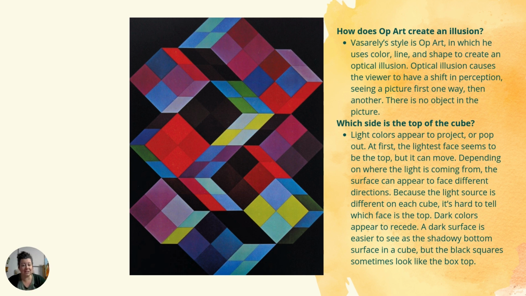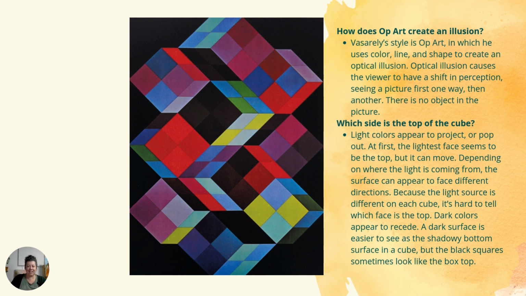Those dark colors, and this is a great rule for our art itself, dark colors can actually appear to recede. Okay, so a dark surface is easier to see as the shadowy bottom of a surface of the cube. But the black squares sometimes seem like they're the top of the box as well. All right, isn't that fascinating?